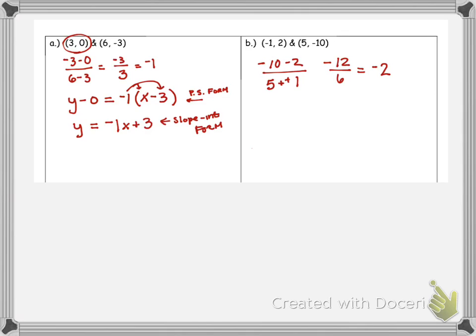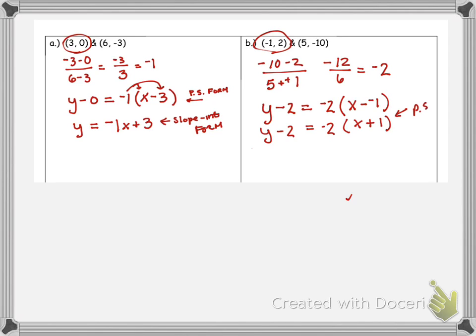Choose the correct point-slope form using the first ordered pair. Plug in your slope, and then x minus the x value. And again, we don't like that minus negative, so when that occurs, I do ask that you change it to plus positive. That is point-slope form.